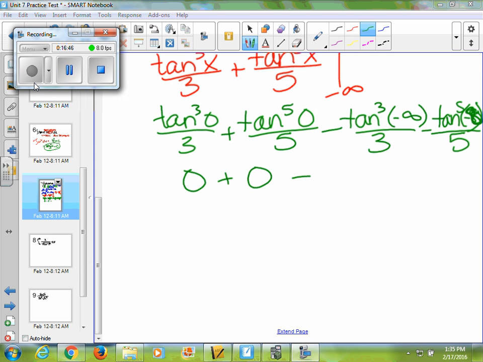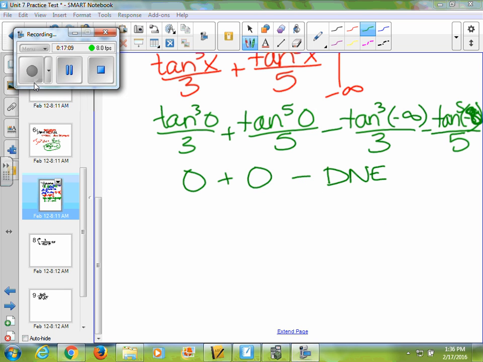Any idea what tangent does as it approaches negative infinity? It does get smaller. It does not exist because tangent is a graph that kind of goes like that as you look at it. And so as you're getting smaller, your graph starts over. So it does not exist for tangent cubed over 3.